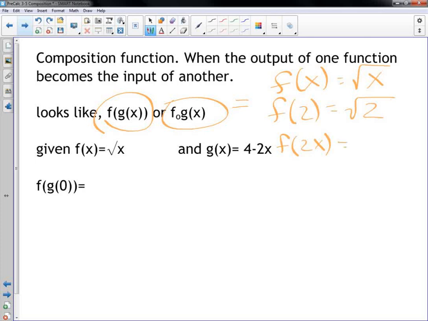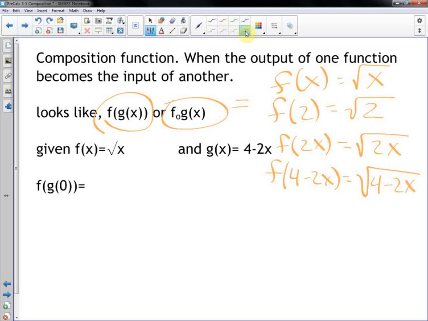What would you put on the right side? Square root of 2x. What if I put in f of 4 subtract 2x on the inside? Square root of 4 minus 2x, or negative 2x plus 4, right? Whatever way you like it.